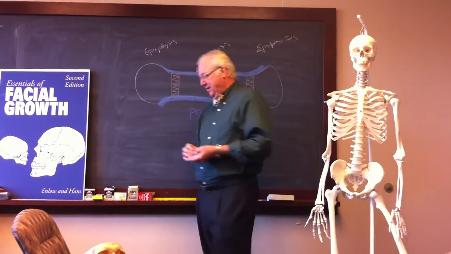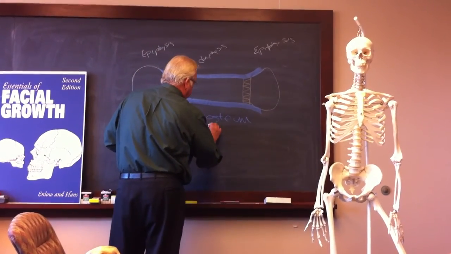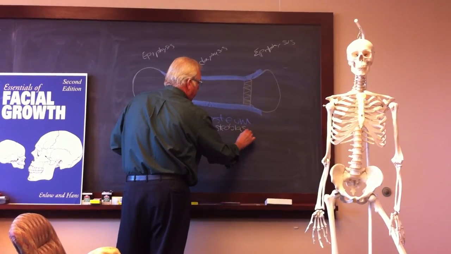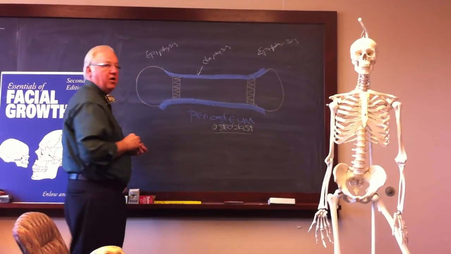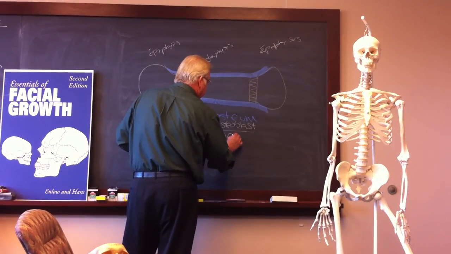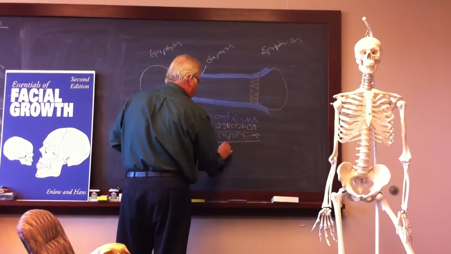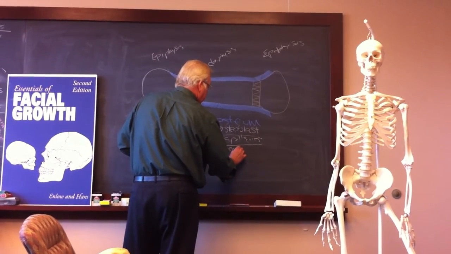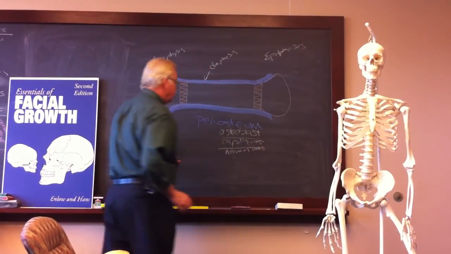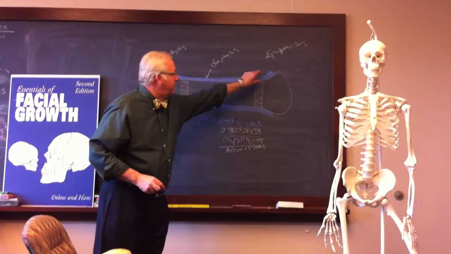What's in the periosteum? Well, in the periosteum, we have the cells that create new bone, called osteoblasts. We have capillaries, and we have the nervous innervation. So we've got innervation, capillaries, and osteoblasts all in this covering here.